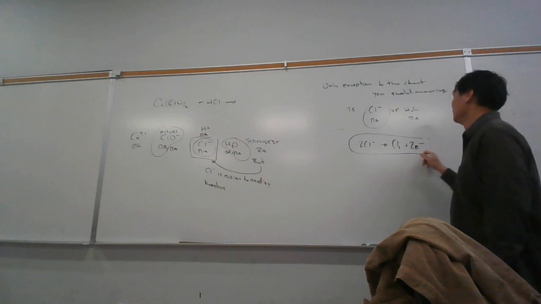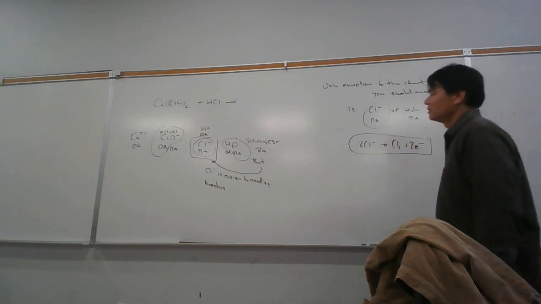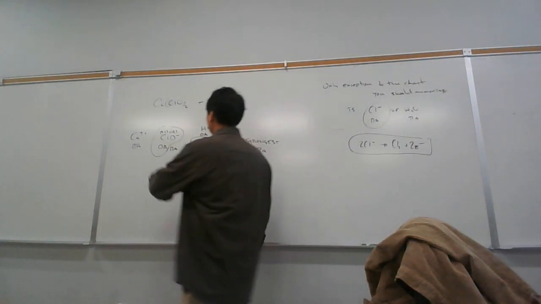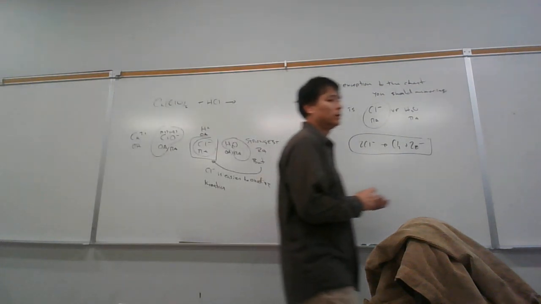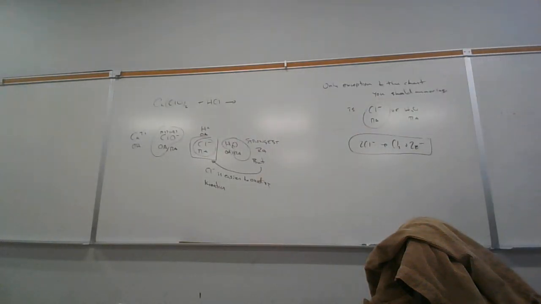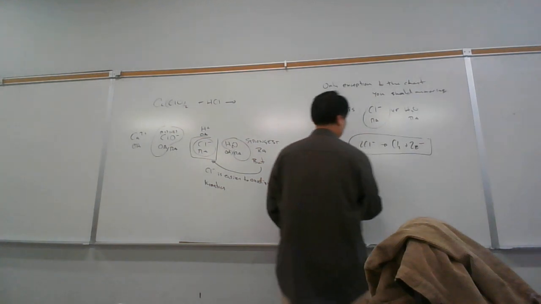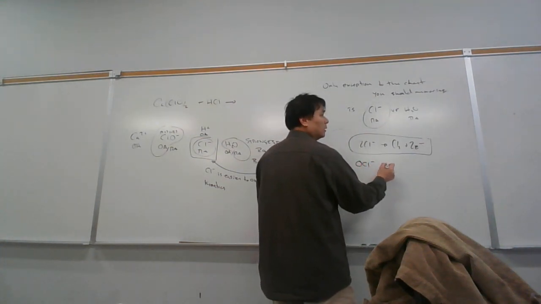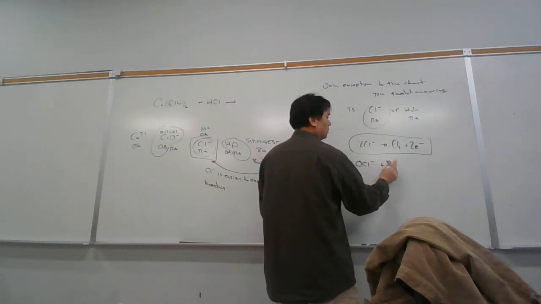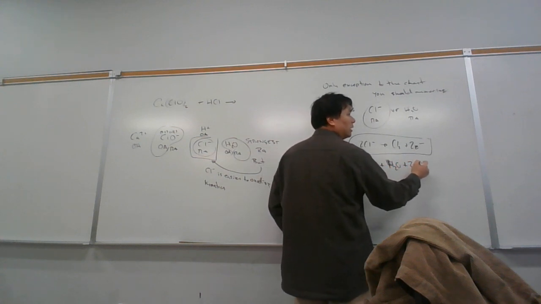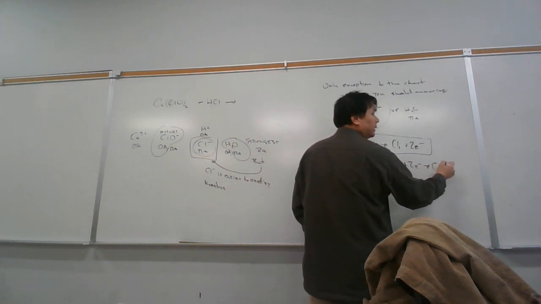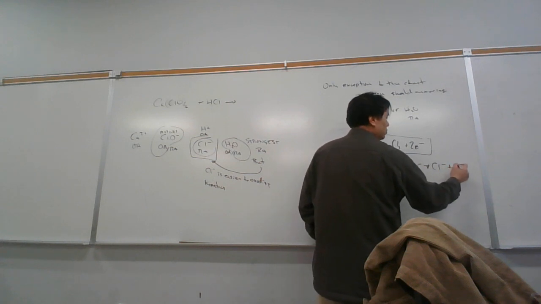So that's this half reaction. And then I'm going to copy the half reaction for hypochlorite or bleach, which is down here. Hypochlorite plus water plus 2 electrons yields chloride plus 2 hydroxide.